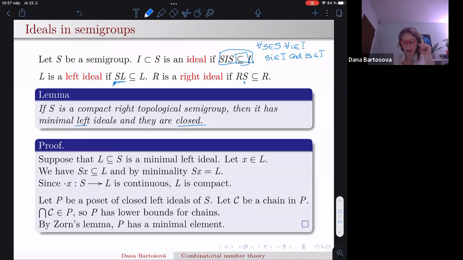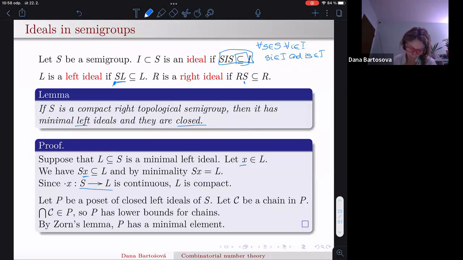So if I do have a minimal left ideal, then I'm going to show that it has to be closed. So suppose that I have a minimal left ideal L and I choose an element x from there, then I do have right continuity. So fixing x and running over S, this is a continuous function from S to L, right?